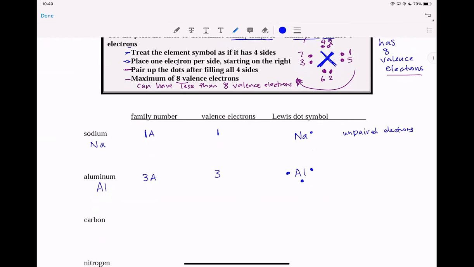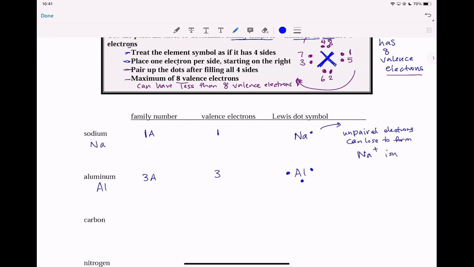And so what happens is these will be lost. And we can lose this one electron to form the sodium +1 ion. And that's what happens in the formation of an ion.